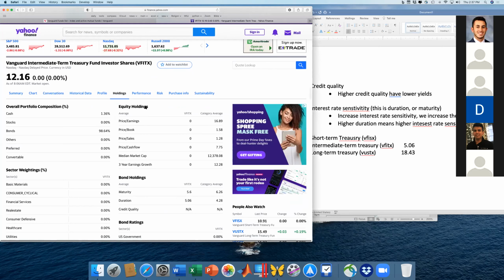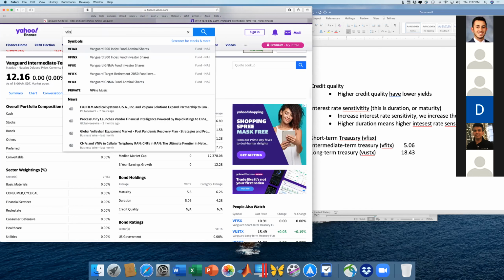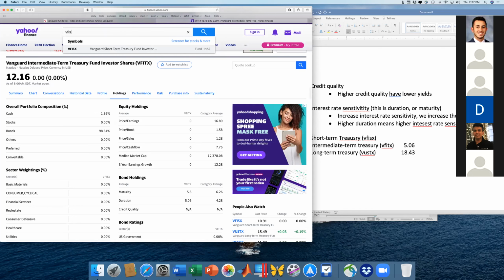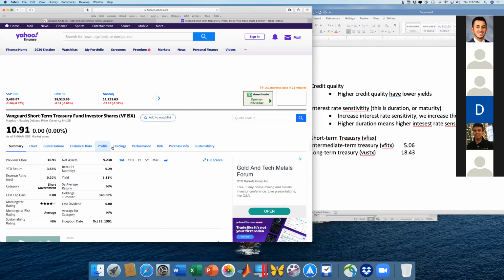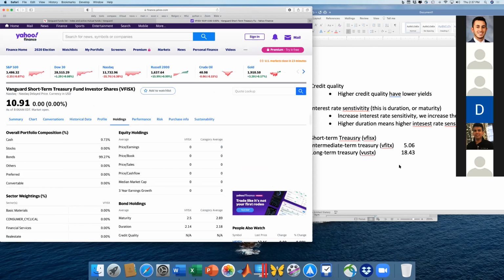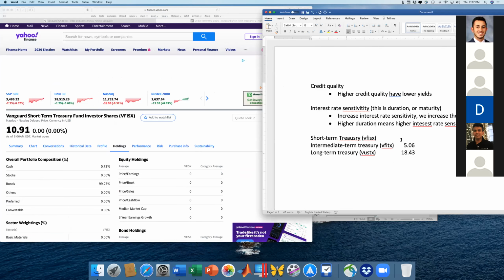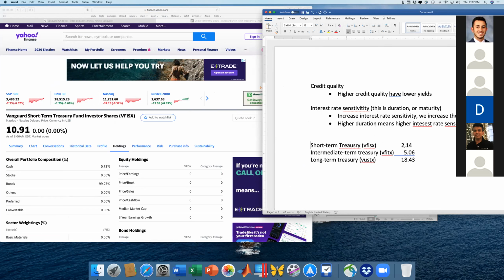And then the short-term treasury has a duration of 2.14. All right. So this is my treasuries.